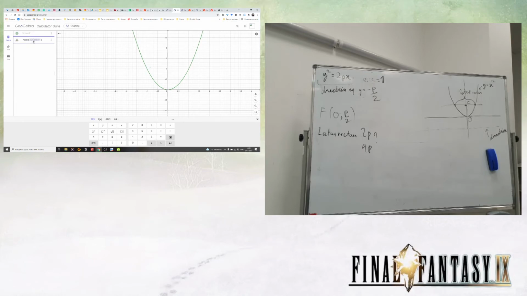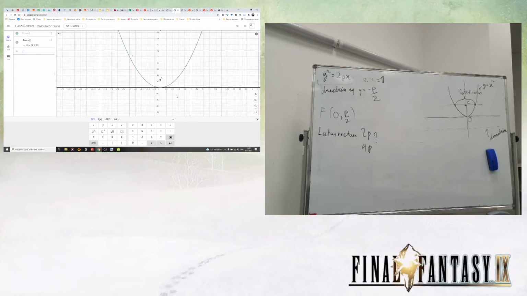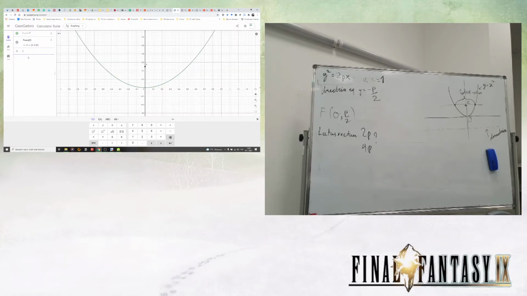Again. Y equal to 2p x squared, we should write. It doesn't matter how I put it, y squared or x squared. In canonical form it doesn't matter.